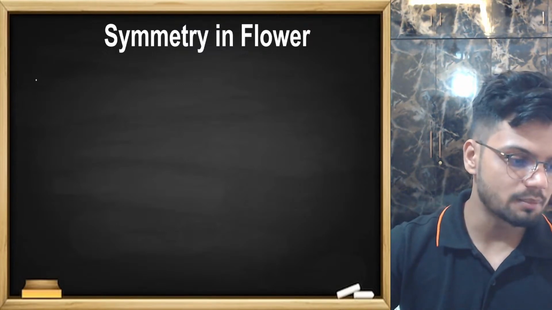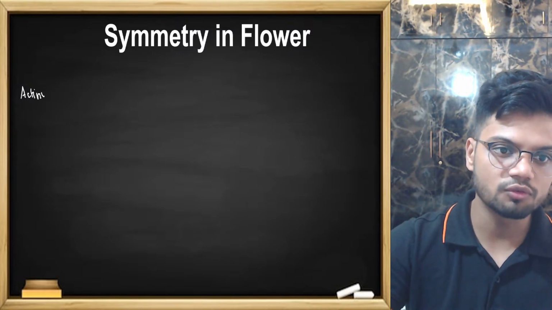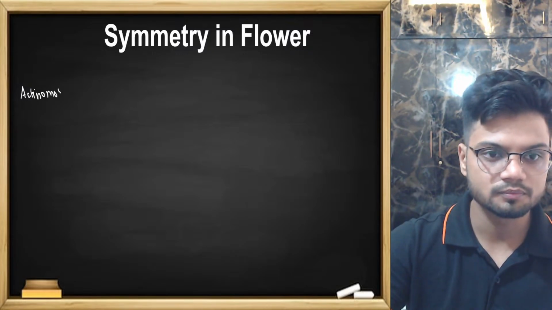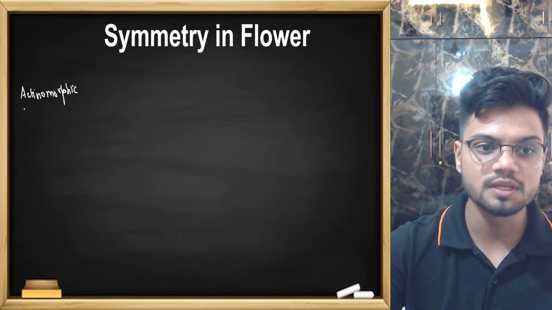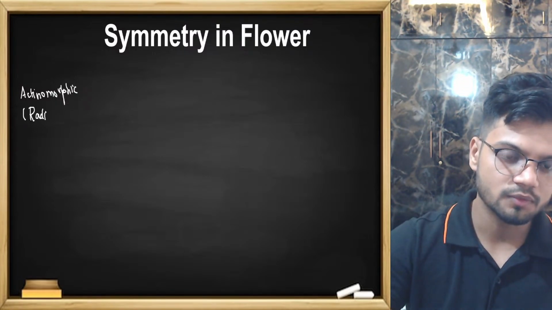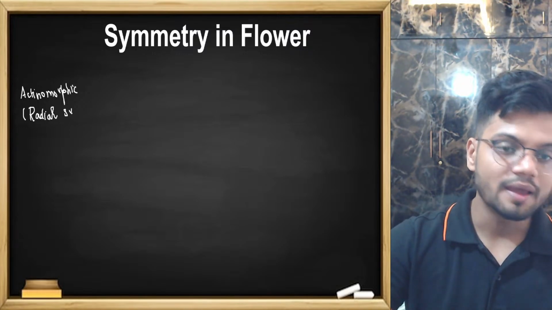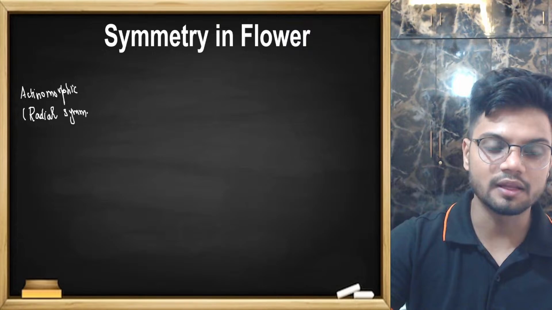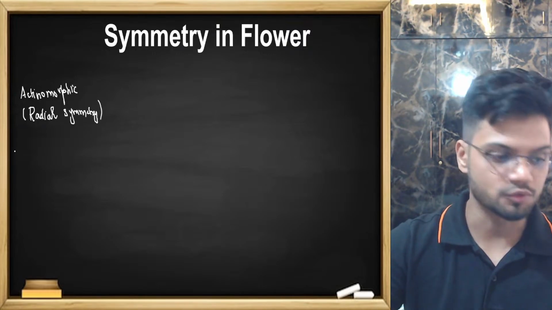For example, what is the meaning or definition of actinomorphic? First of all, remember students, actinomorphic is also called radial symmetry. Why? Because it can be divided in any plane, any radial plane. Now, what is the definition of actinomorphic, students?